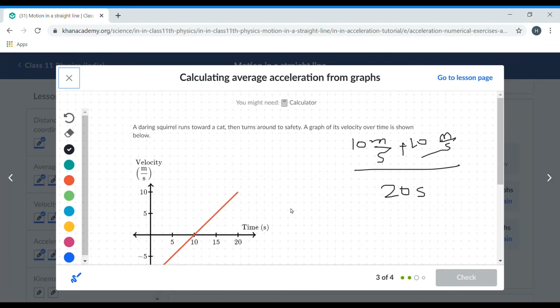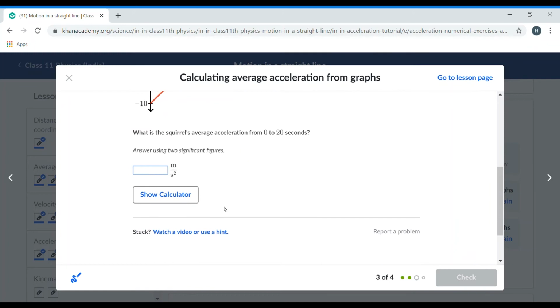So this is 20 meters per second over 20 seconds, which becomes 20 meters per second times 1 over 20 seconds. The 20s cancel out, so 1 meter per second squared.